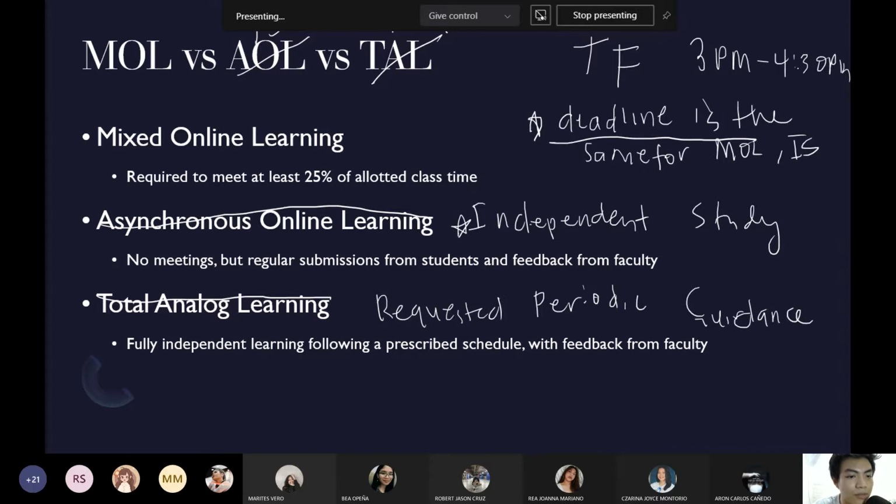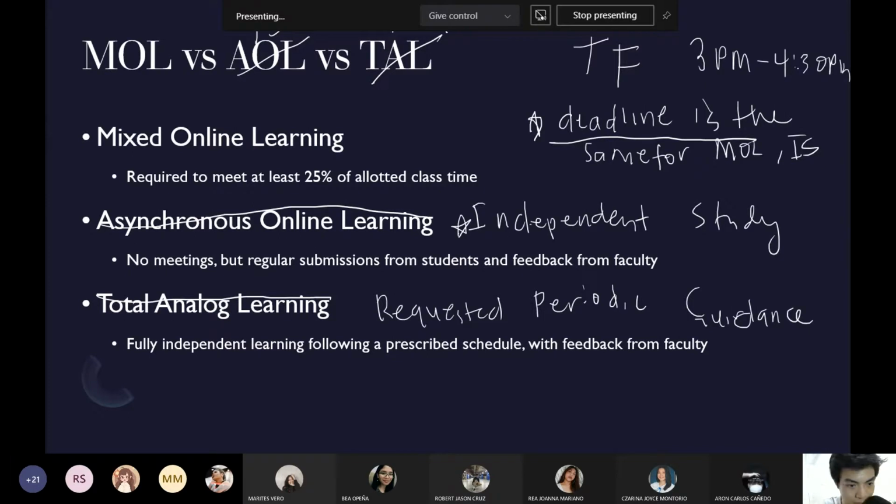Okay? Kapag RPG naman, this is requested periodic guidance. So, you are familiar with the total analog learning last academic year, no? So, sa RPG, you will be given the materials via courier service, no? Bibigay sa inyo yung USB.